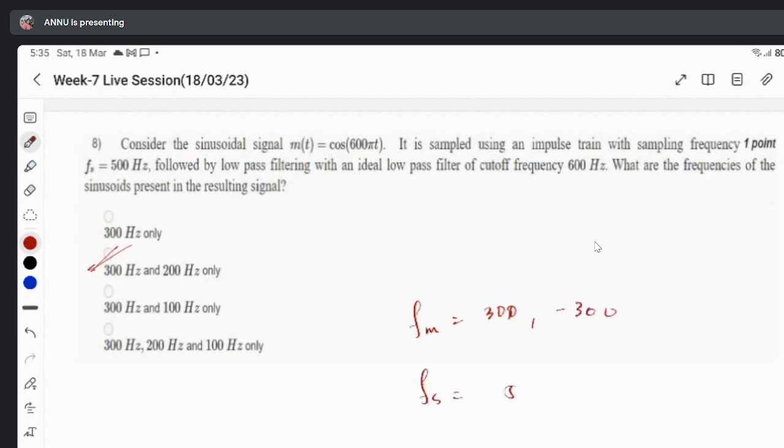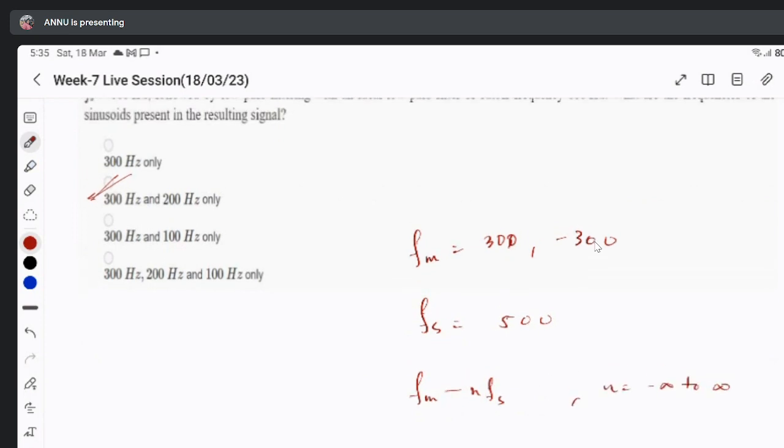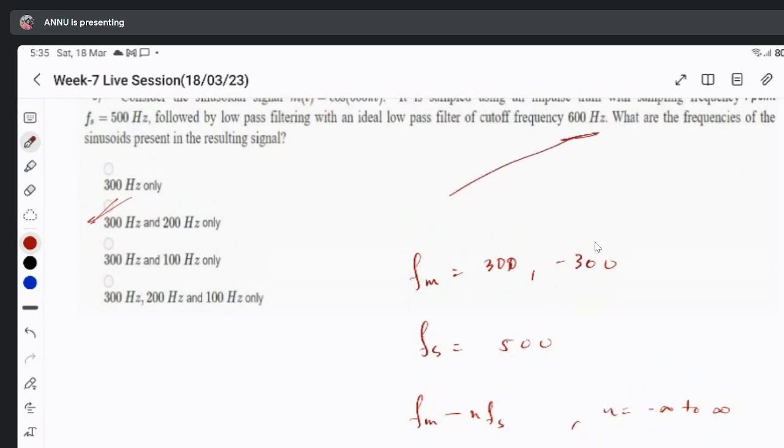Fs is equal to 500. What frequencies can we have? fm minus or plus nFs, where n is from minus infinity to infinity. Now, in order to get 300, what is the ideal low pass filter? 600. So fc is equal to 600 hertz.